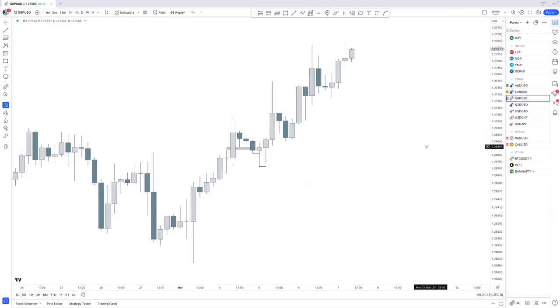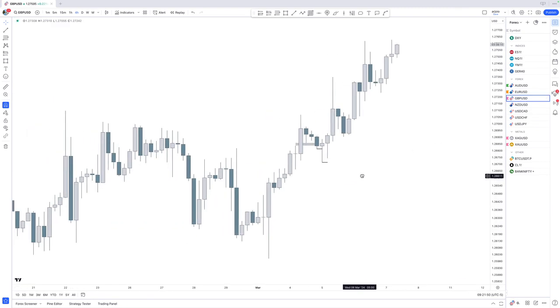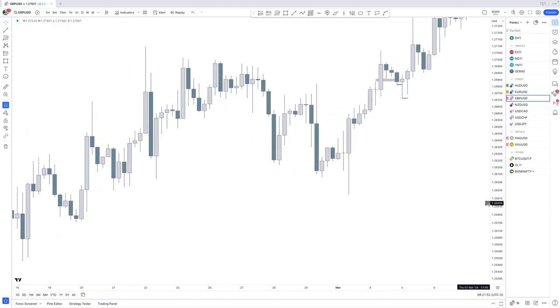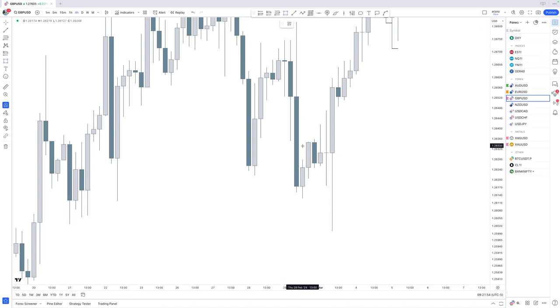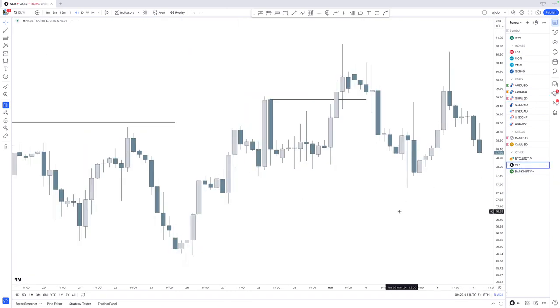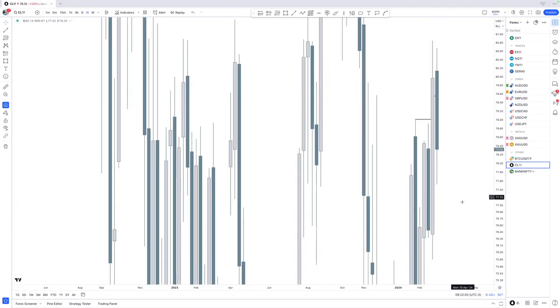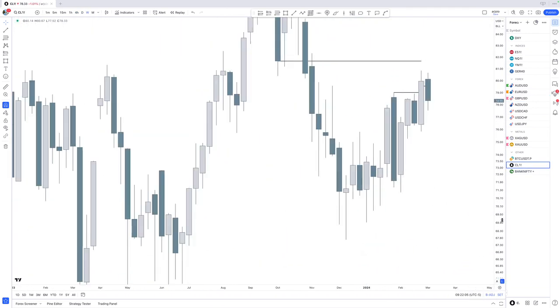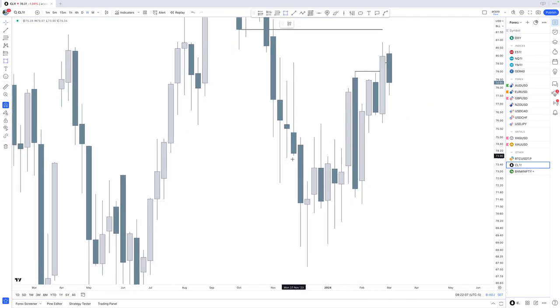Now, if we look at a certain fair value gap that keeps on wicking over and over and over. For example, this is not necessarily a wick, but we do have this 4-hour value gap right there that constantly comes back into it. We actually have the same example on crude oil a few weeks ago right here. For example, this weekly value gap keeps on wicking it.